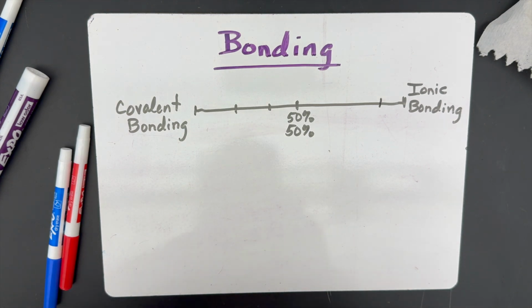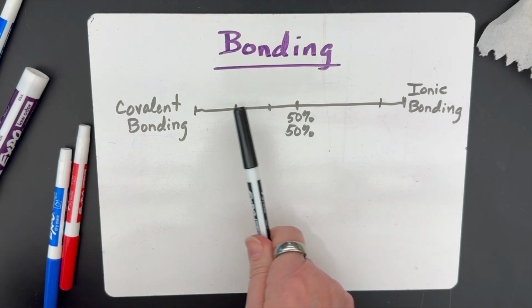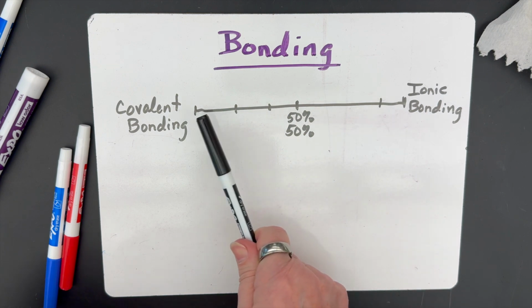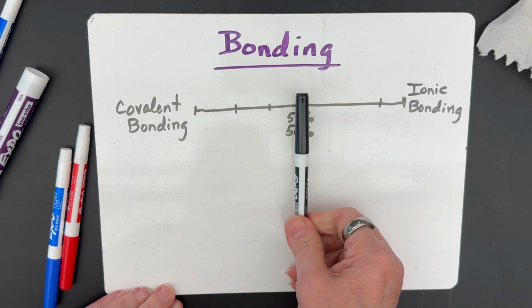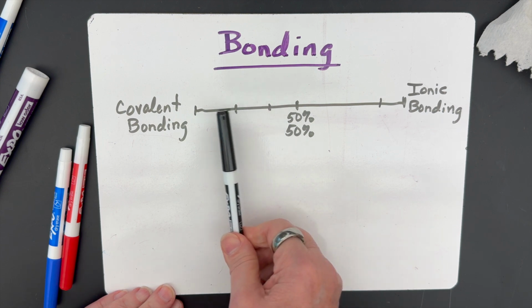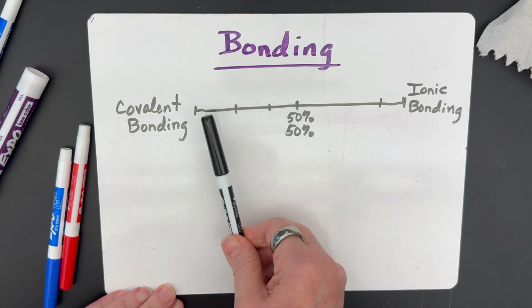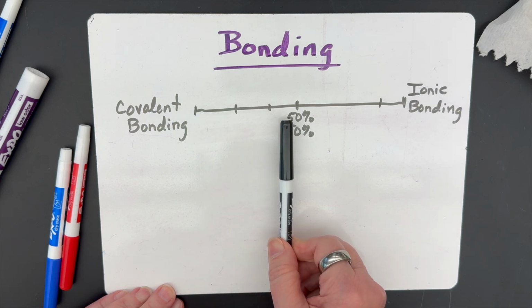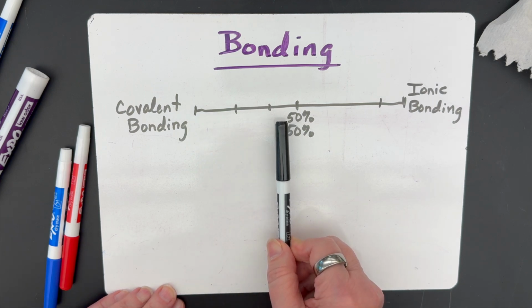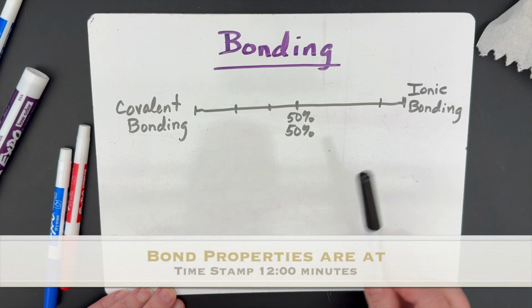So bonds can be sliding along this continuum, and if it's lower than this 50-50, then we consider it to be a covalent bond, but the closer it is to the ionic, the more ionic type properties that bond will have. And the same with ionic.